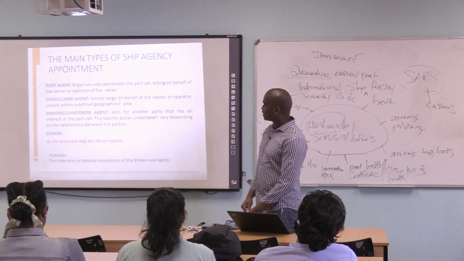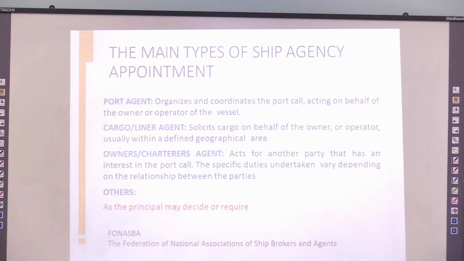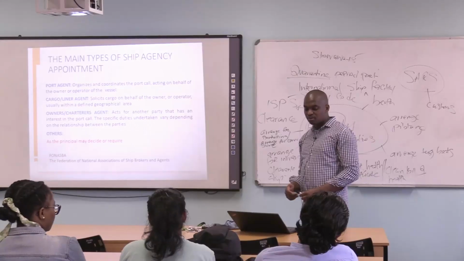Like, for example, if you are representing a charterer, then it means you're looking after the interest of the charterer, because you are acting on behalf of the charterer. Do you understand? Now, others, as the principal may decide or require.